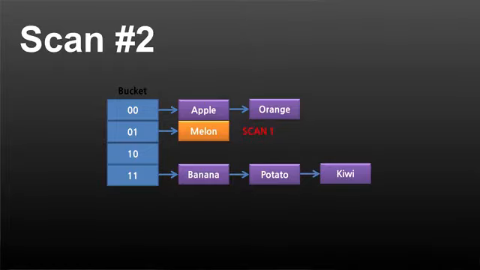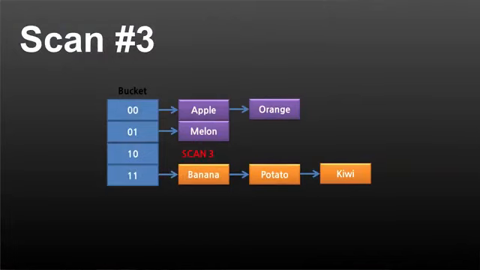The next cursor is maybe 2, but there is no item, so it returns 3. Actually scan 3 returns banana, potato, kiwi, and what is the next cursor? Yeah, 0. 0 means the iteration is finished. So if you get 0 as the cursor, you just stop the iteration. You already got all items.